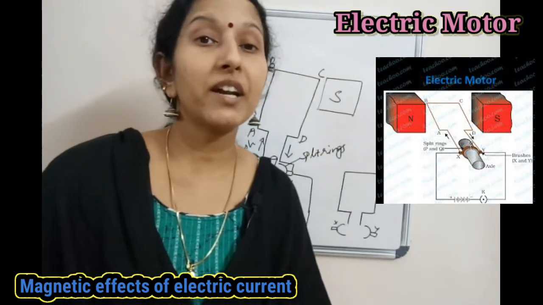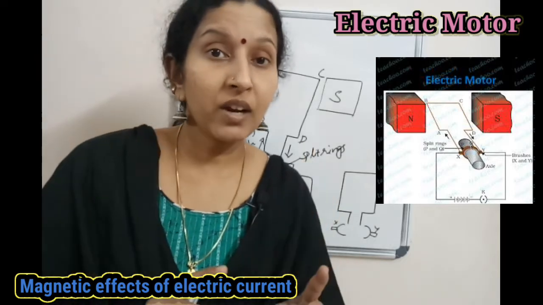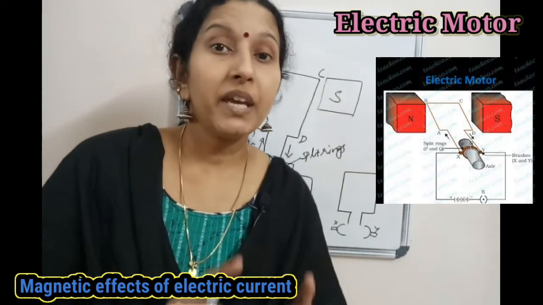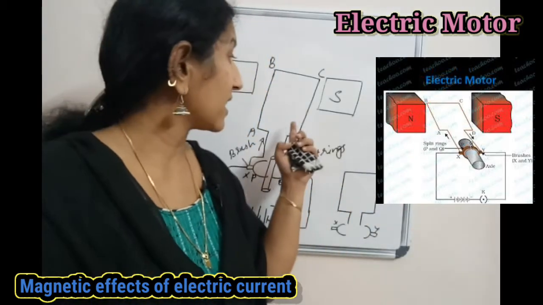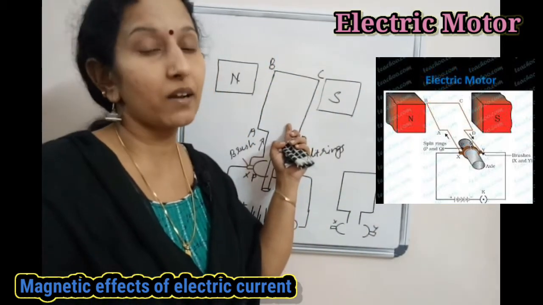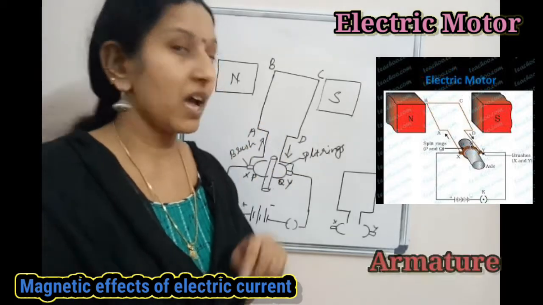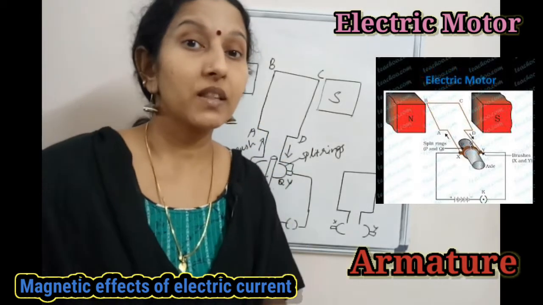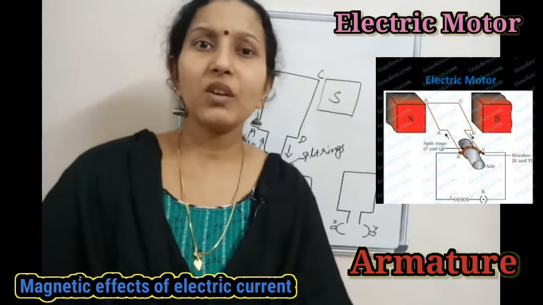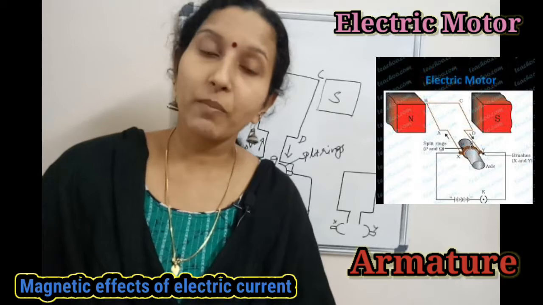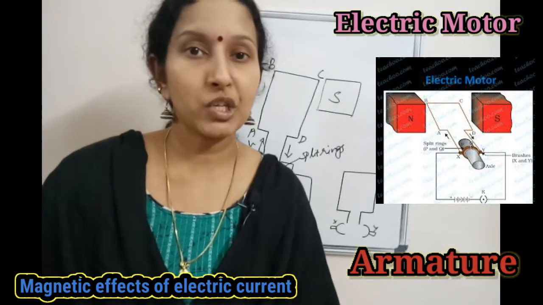So the first part is a rectangular coil ABCD of insulated copper wire. The other name for this rectangular coil is armature. What is the other name of the rectangular coil? Armature.